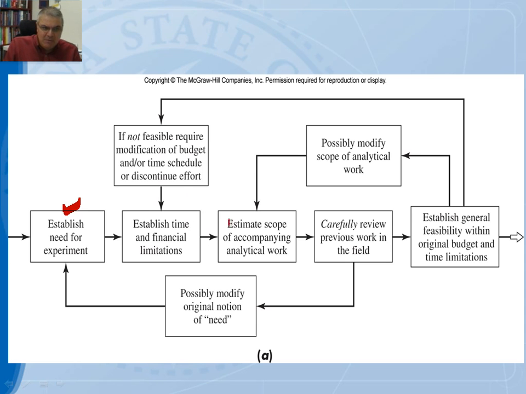We have the resources, then we move on to the next stage, which is to estimate the scope of accompanying analytical work. What kind of analytical modeling and analysis would go into this experiment? That's also important to realize. Also, analytical tools are sometimes used to verify the experiment. That's also noteworthy.